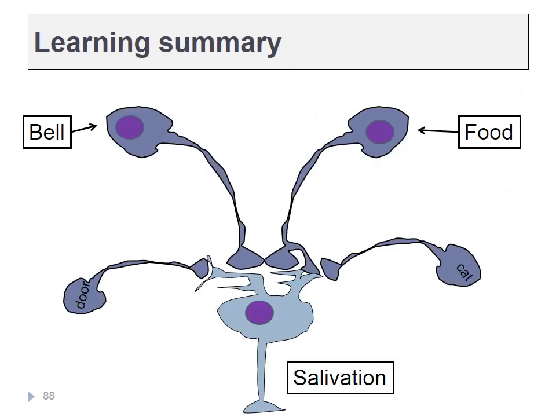Keep in mind that we want to increase the strength of some of the synapses, but not all of the synapses. For instance, let's say we have a neuron down here that controls salivation. It's possible that a neuron that can detect the smell of food has a synapse that is strong enough to activate this salivation neuron on its own, but that activation of a neuron that detects the sound of a bell would not trigger salivation.